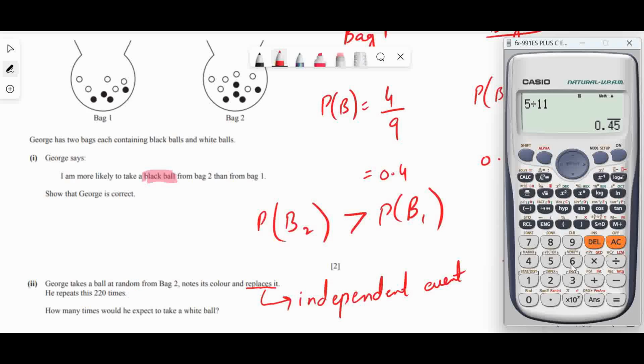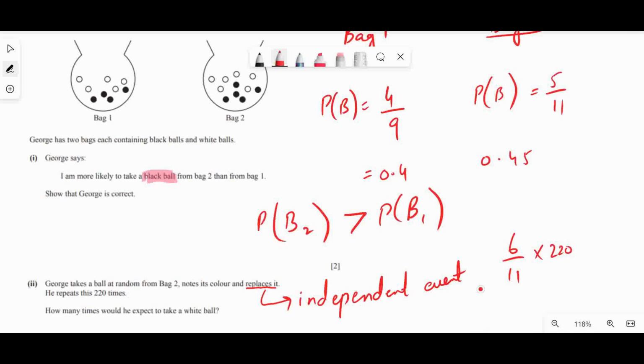So 6 divided by 11 multiplied by 220 will be equal to 120. This will be the final answer. I hope that the concept is clear. Let's move to the next question.